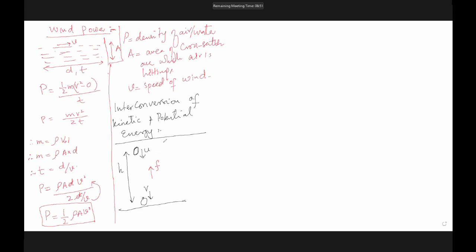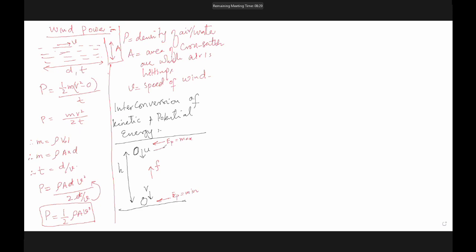So at this point its potential energy EP is max, and at this point EP is minimum or zero. So actually potential energy is converted into some other forms of energy. कौन सी form of energy में गई है?